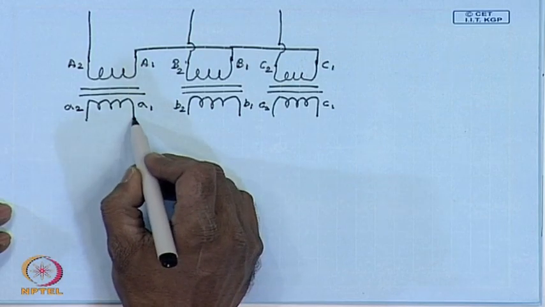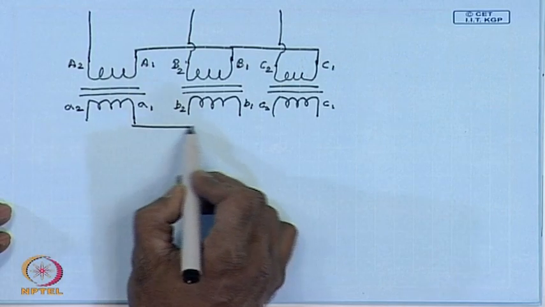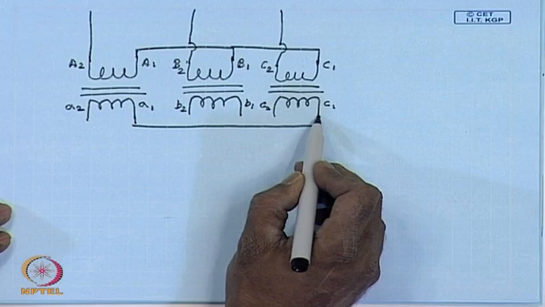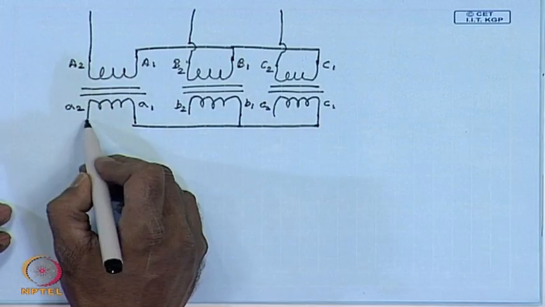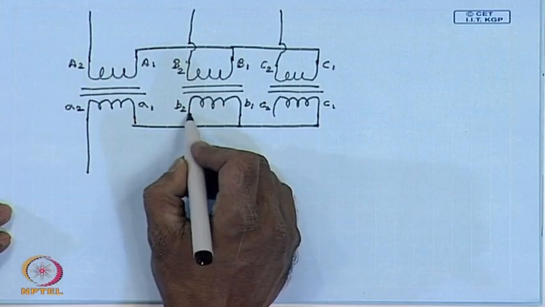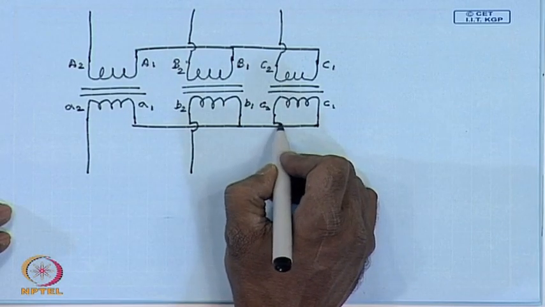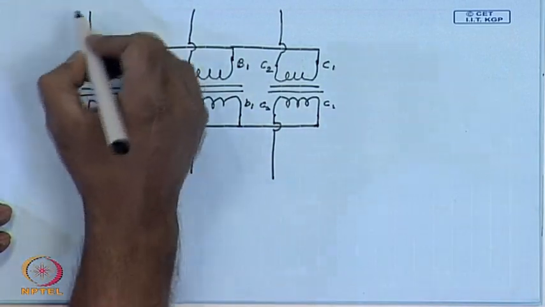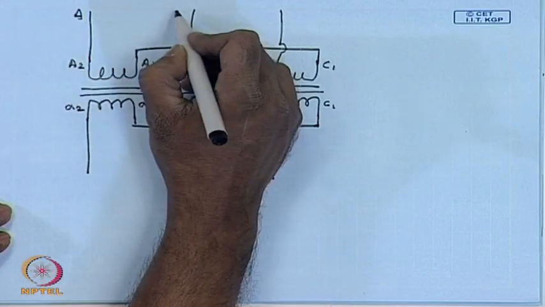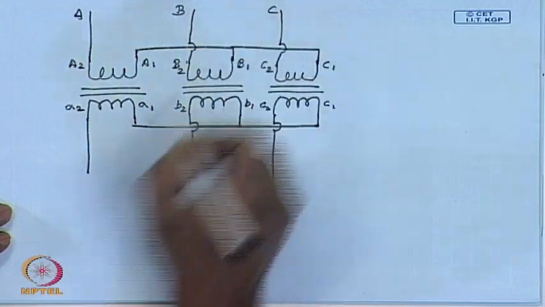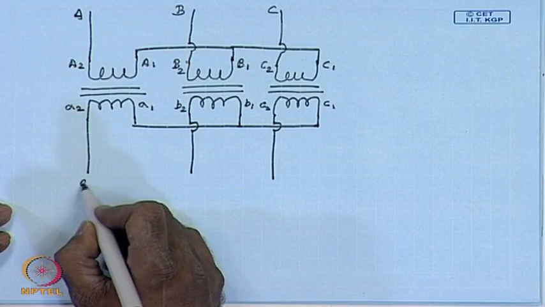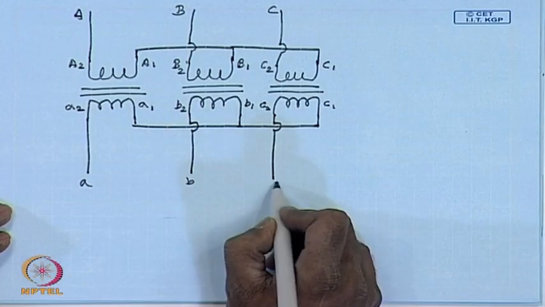Similarly, the low voltage side can also be star connected. This will be high voltage phase A, B, C. This will be low voltage phase a, b and c.